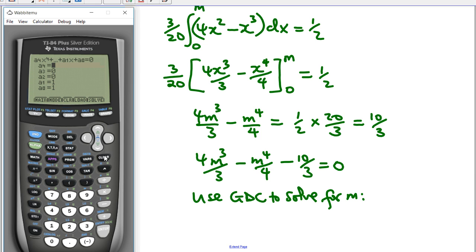So here, that will be negative a quarter, yep, 4 over 3, 0, 0, and negative 10 over 3.